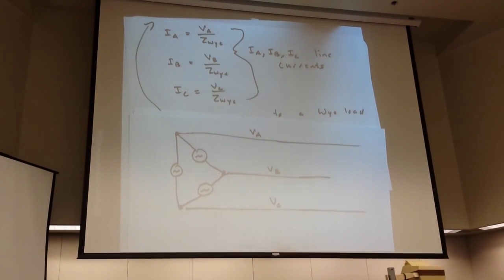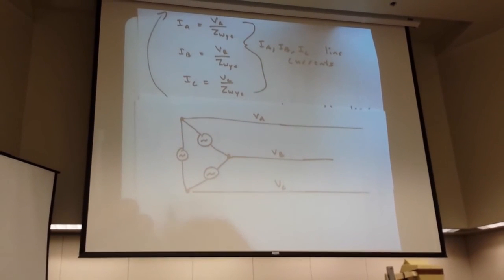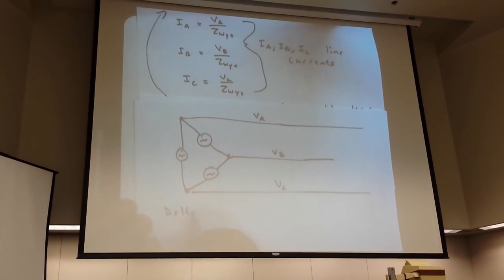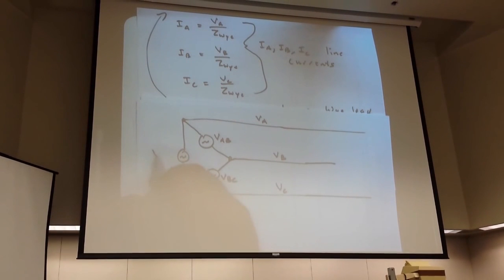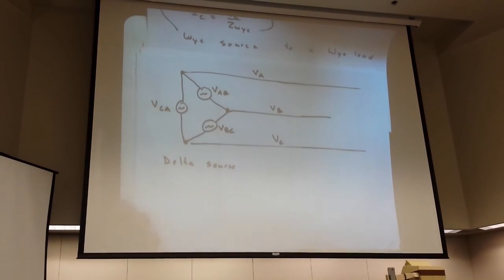So in our delta source configuration, we have VAB, VBC, and VCA. And those are our line voltages.